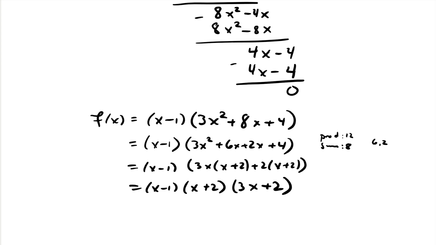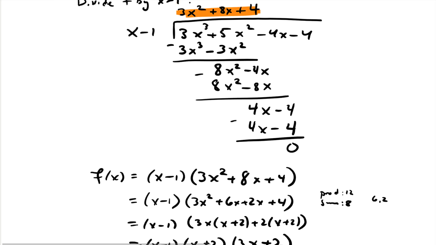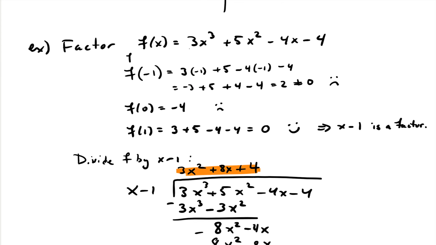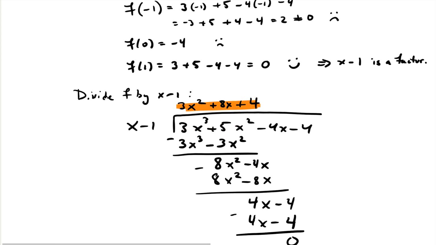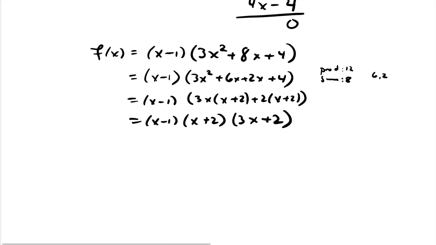Which also shows you that if I would have tried minus 2, I would have had a 0. So if I would have started with f of minus 2, I would have had 0 again here. That could have also been the first factor that I would have used to divide f of x. So that's fully factored. So this is my answer.